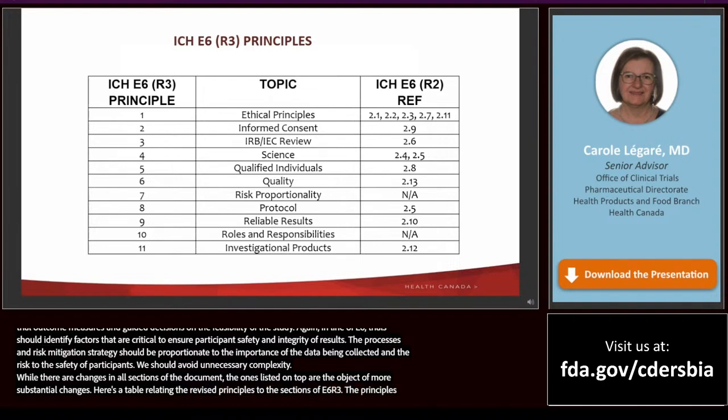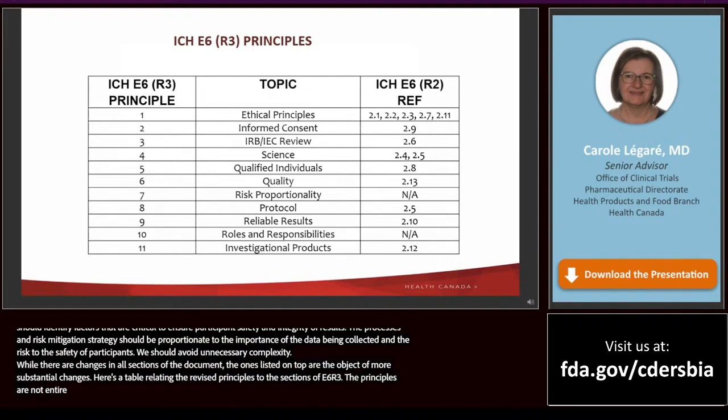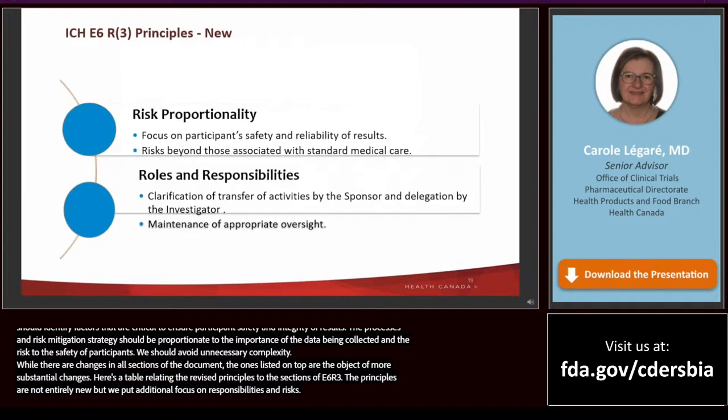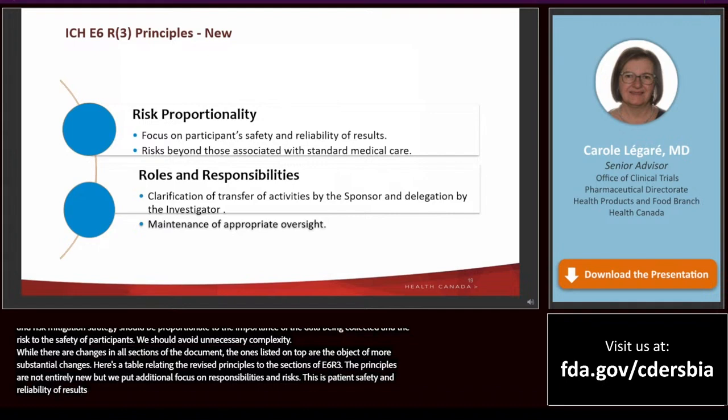The principles are not entirely new, but we put additional focus on responsibilities and risks. The principle on risk proportionality focuses on participant safety and reliability of results, and on risks that go beyond those associated with standard medical care.